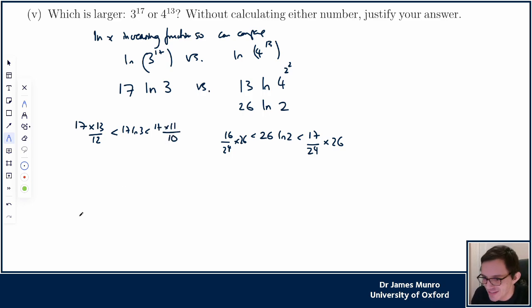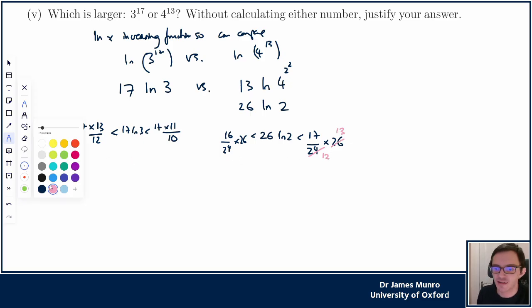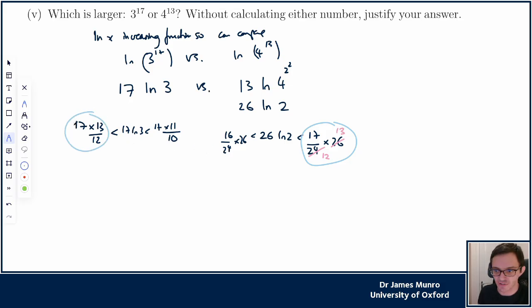Okay, so if I stare at this for long enough, I might notice that some 2's cancel over here to give me 13 and 12, and then this last thing that I've written down is the same thing that I've written over here, 17 times 13 over 12. I'm not actually going to work out what those numbers are, but look, these things match, which means that I can write down the string 26 log 2 is less than 17 times 13 over 12.